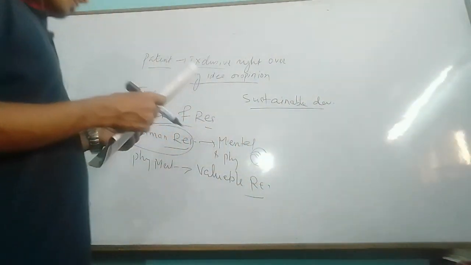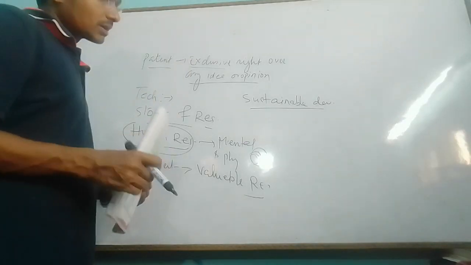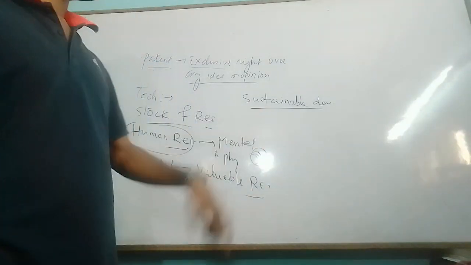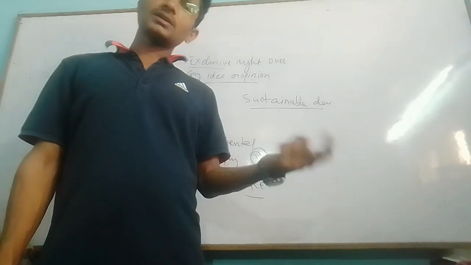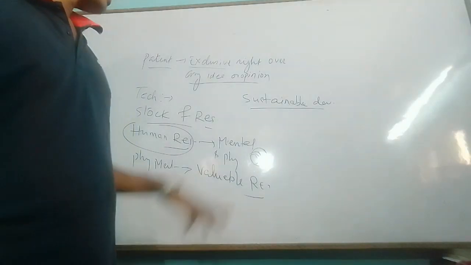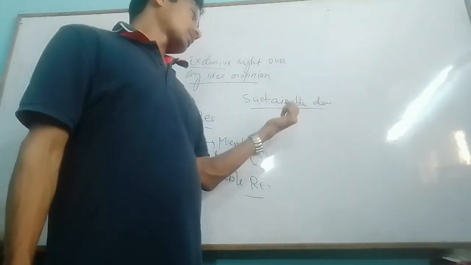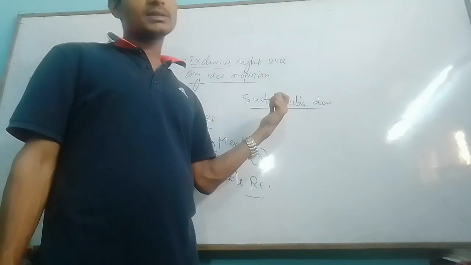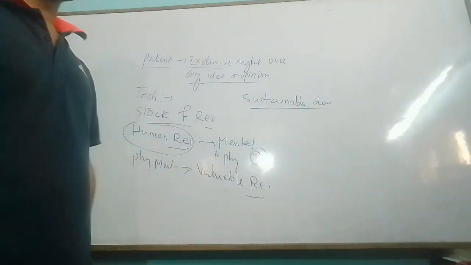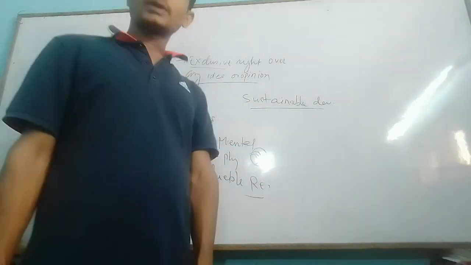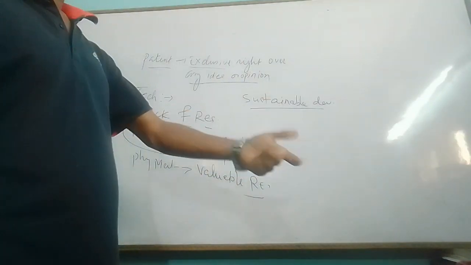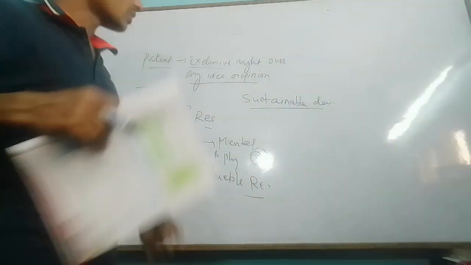So my dear friends, sustainable development means that for the betterment of the future, there are resources which can be used in future, which can be sustained for future development. So that is called sustainable development. Those things which can be used for sustaining development in future time.